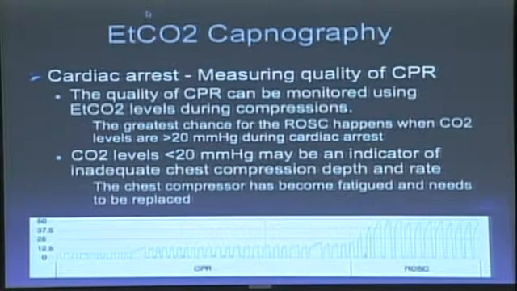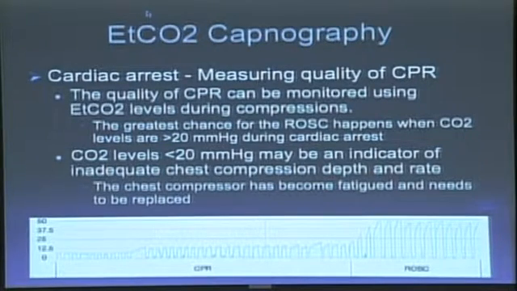In cardiac arrest, doing capnography can measure the quality of CPR. CPR can be monitored using ET CO2 levels during compression. We know it appears that the greatest chance for you to get ROSC happens when your CO2 levels are greater than 20 millimeters mercury during that cardiac arrest.